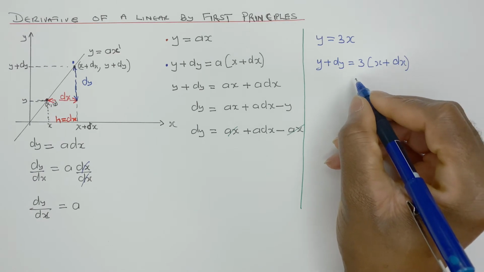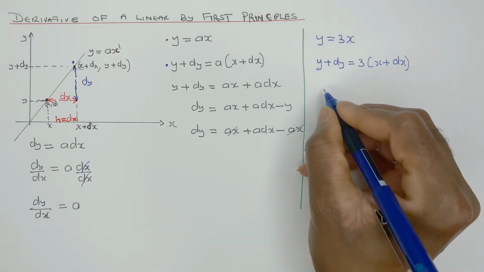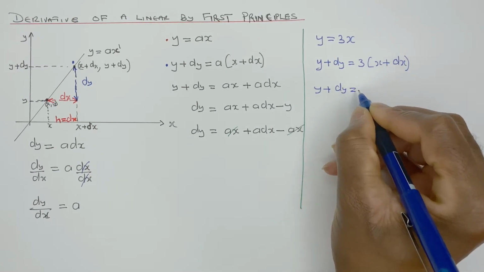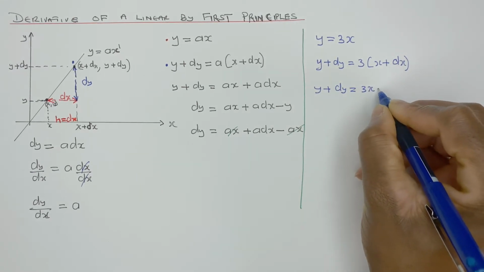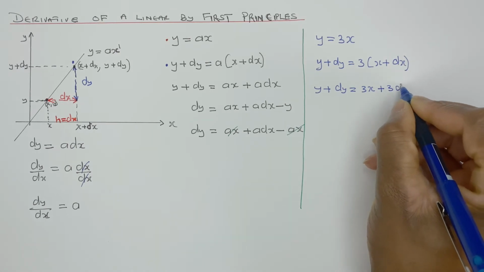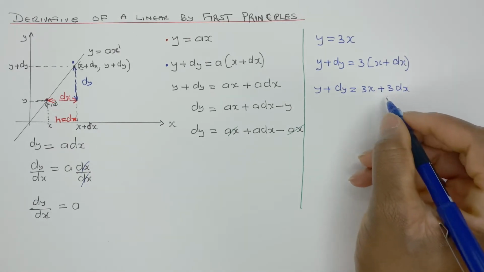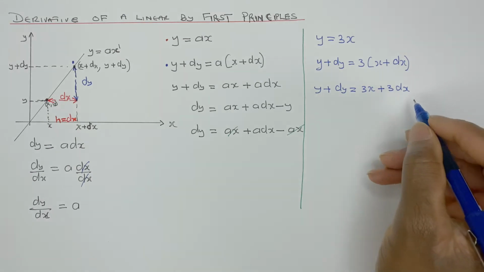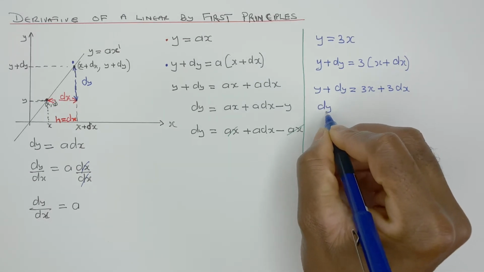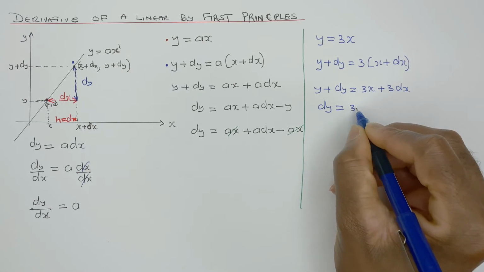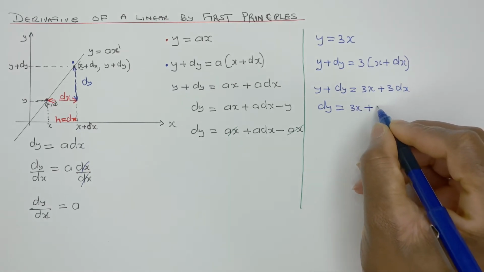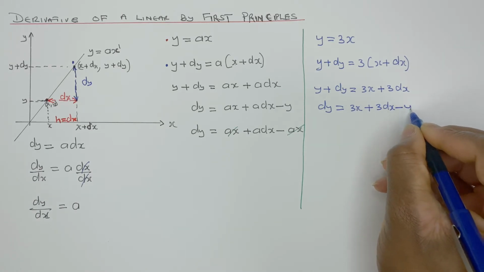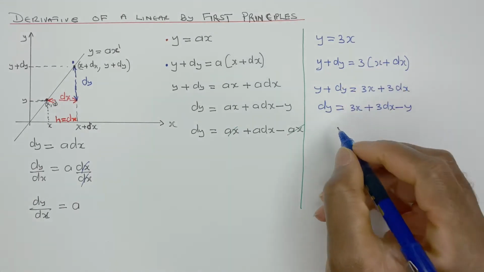And now what we need to do is expand this bracket. So y plus dy equals 3x plus 3 dx. Now, what do we need to do? We need to take y to the other side. So we get dy equals 3x plus 3 dx minus y, but y is 3x.